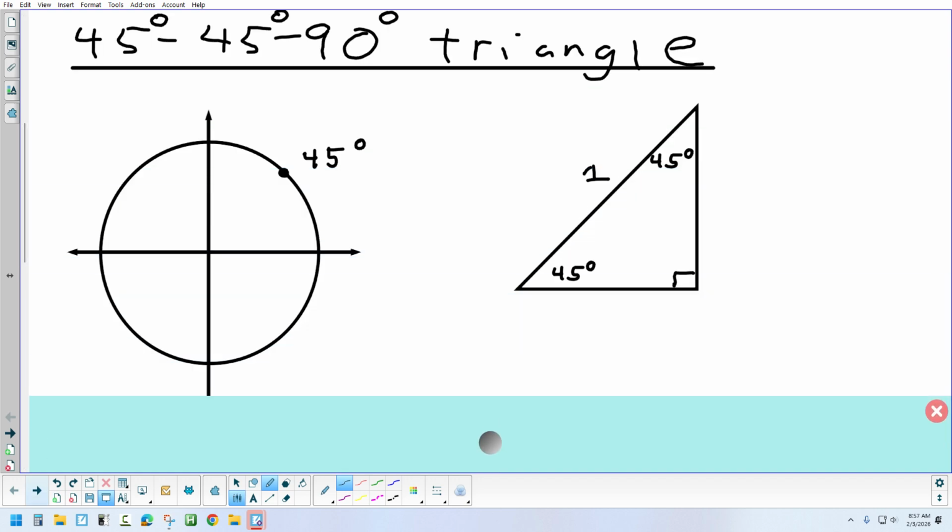Okay, so I've taken the picture that you just had on the other page, and I just made a copy of it bigger off to the side. Besides being a 45, 45, 90, can anybody tell me what other kind of triangle that is? Right, it is a right triangle.